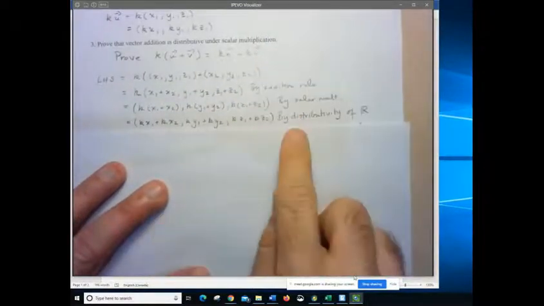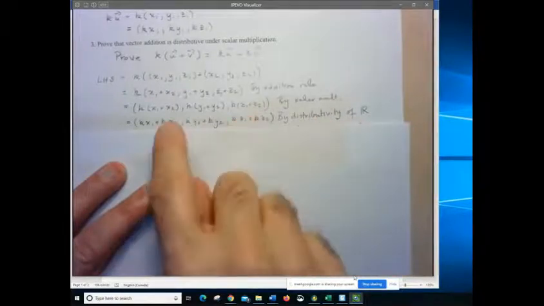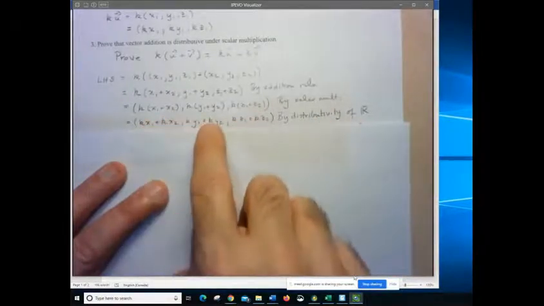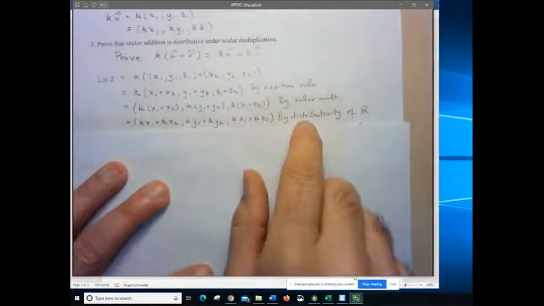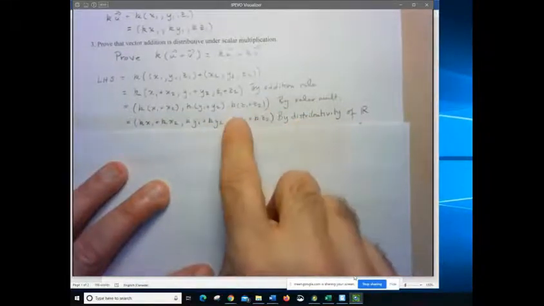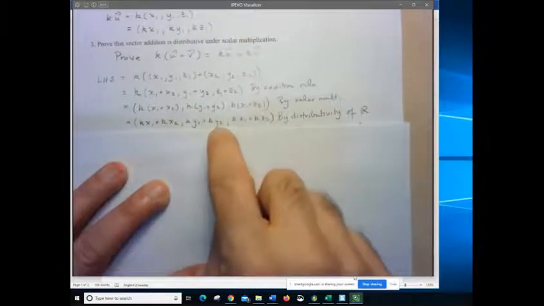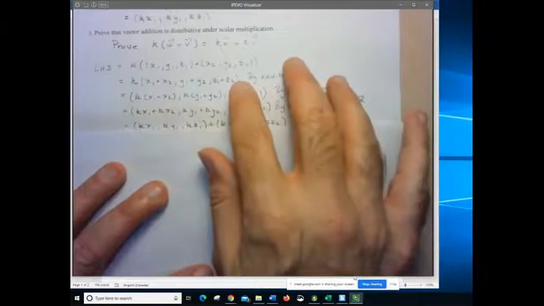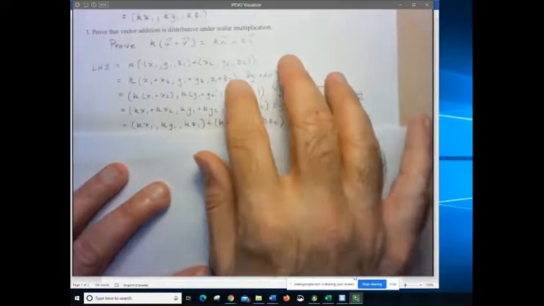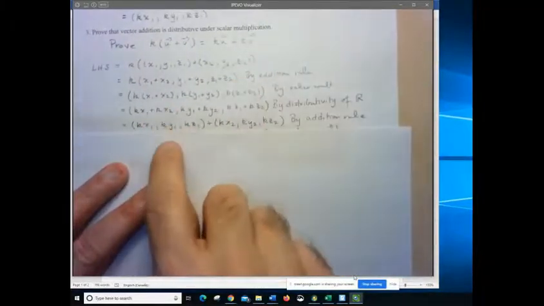Okay, so this is by the distributivity of the real number system, because I'm working component by component. And now that I've applied the distributivity of the real number system, I can start to go backwards. I can now write this as the sum of two vectors. So I use my addition property backwards to write this as two vectors.